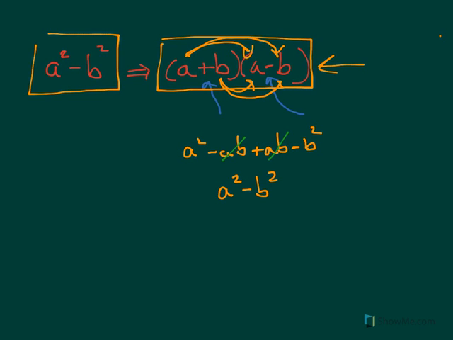So let's just do a quick example with some numbers. So for example, let's say we had a problem, let's say it was x squared minus 4. So the first thing we want to notice is we have a difference. It does have to be a difference, it has to be subtraction in order for this to work. If there was a plus sign there, this pattern would not work.